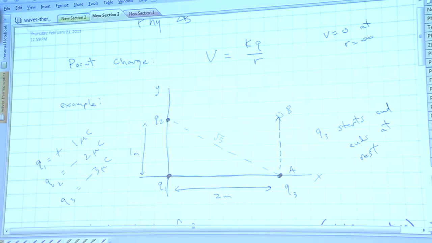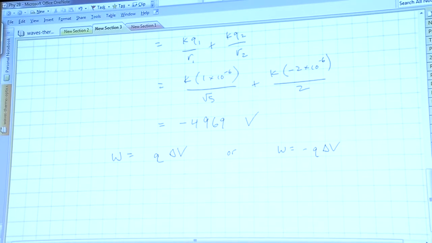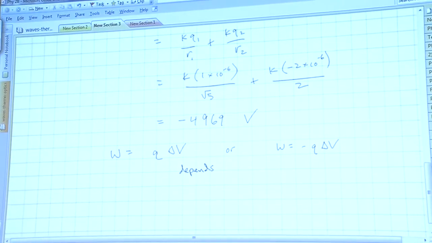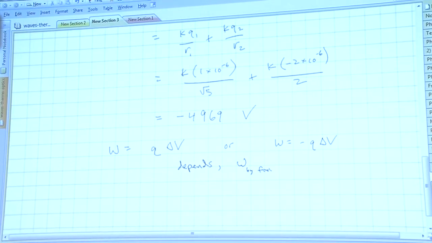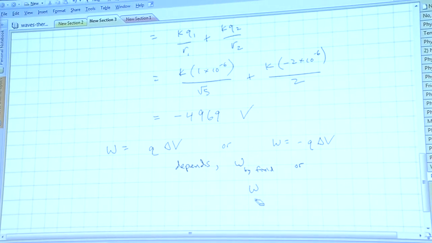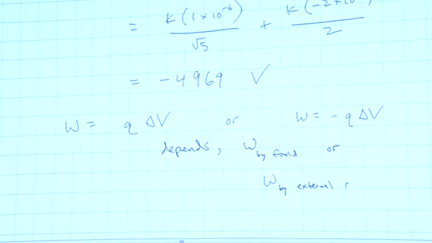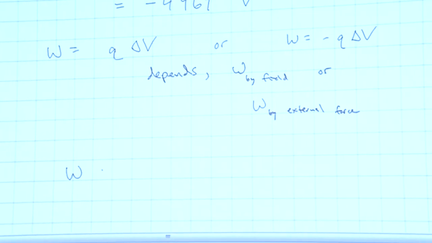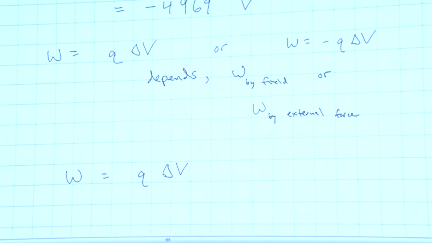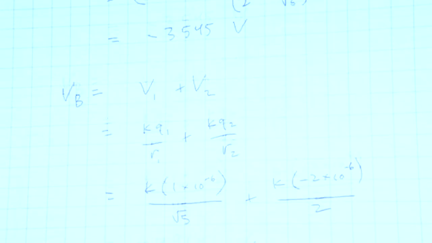So let's find that. What is it? So the magnitude of the work done is Q delta V. The charge we're moving, what are we moving?